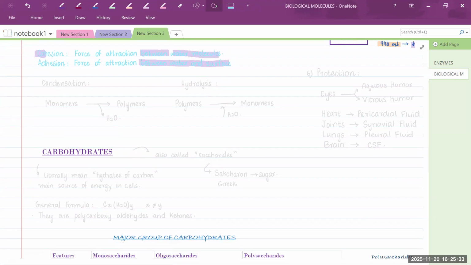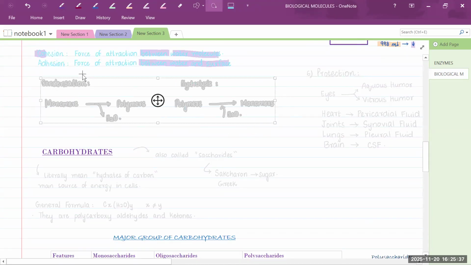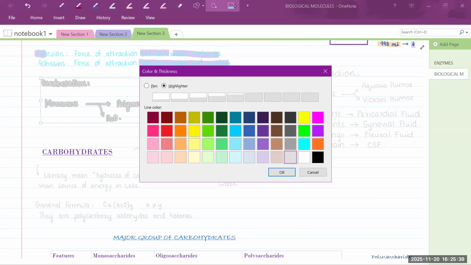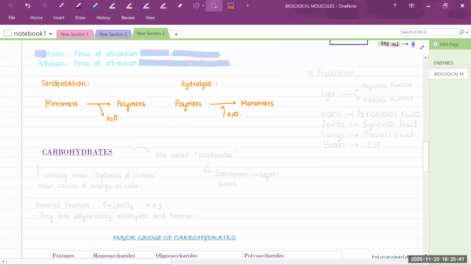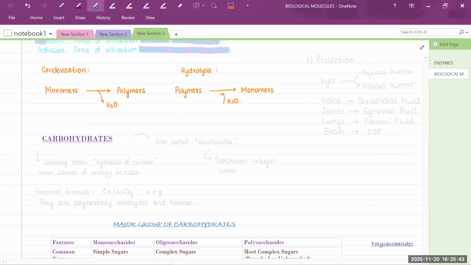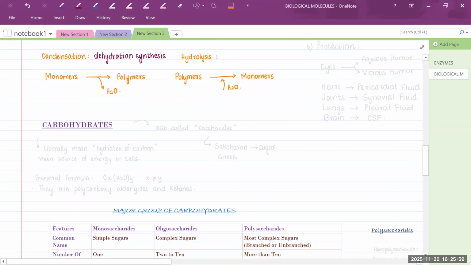Also, we have these processes, condensation and hydrolysis, which are opposites of each other. So, what is condensation? Condensation is also known as dehydration synthesis, that is the removal of a water molecule. As you can see, we have removed the water molecule from monomers.